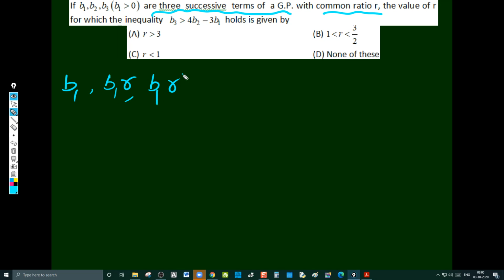Obviously they are in GP. I took B1 common there.